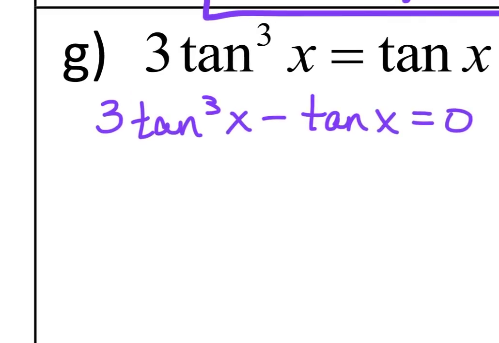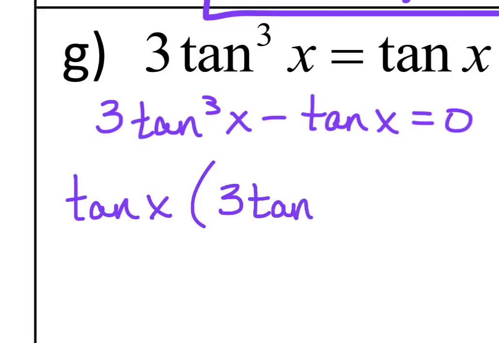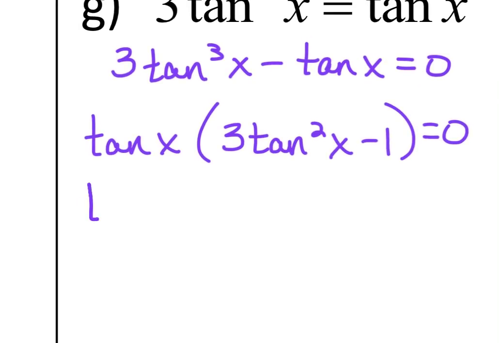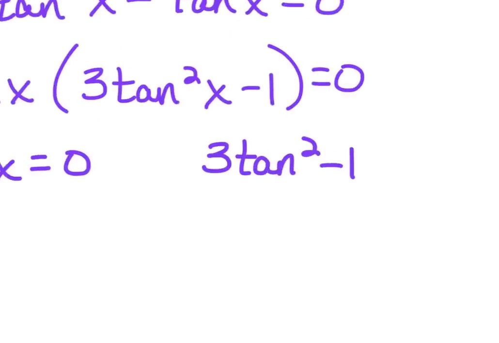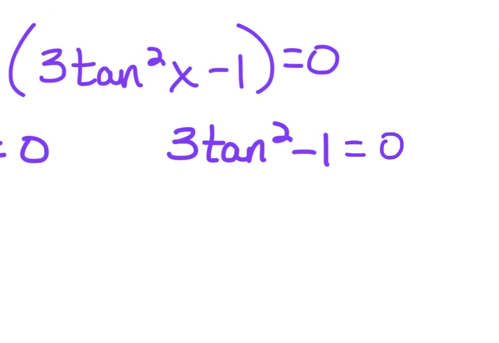And then factor out your tangent of x so that you have 3 tangent squared of x minus 1 equals 0 there. And then you have tan x equals 0 and 3 tangent squared minus 1 equals 0. So 3 tangent squared x. Don't forget the x. 3 tangent squared of x equals 1.